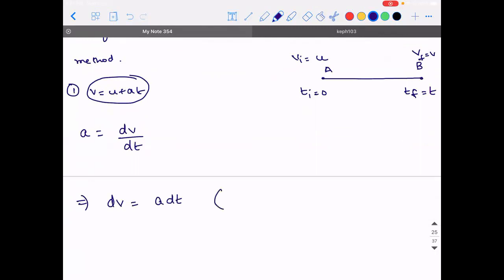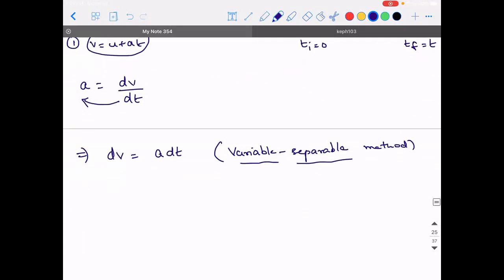This method is called the variable separable method, but you will learn this only in your 12th standard. You can just keep this name in your mind for the time being. You need not worry much about it. It means you take one of the differential coefficients to the other side and solve it. Because you're separating the variables, it is called the variable separable method.